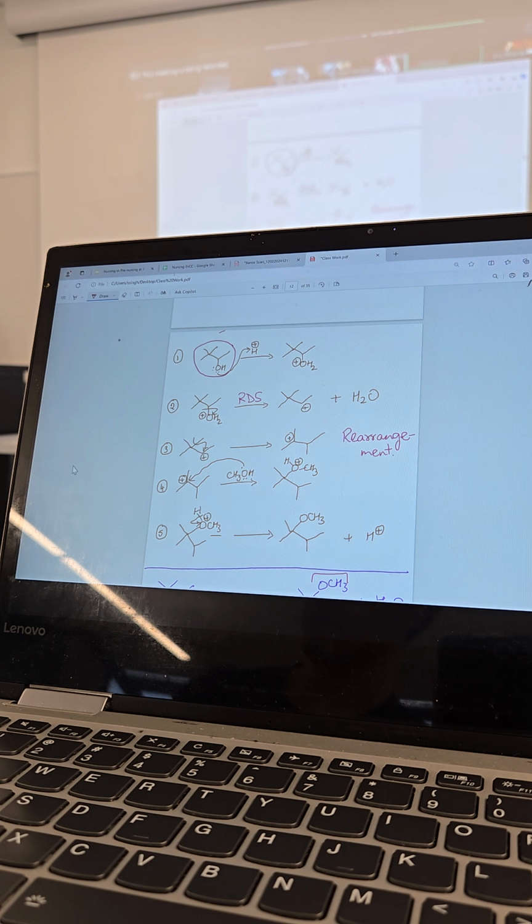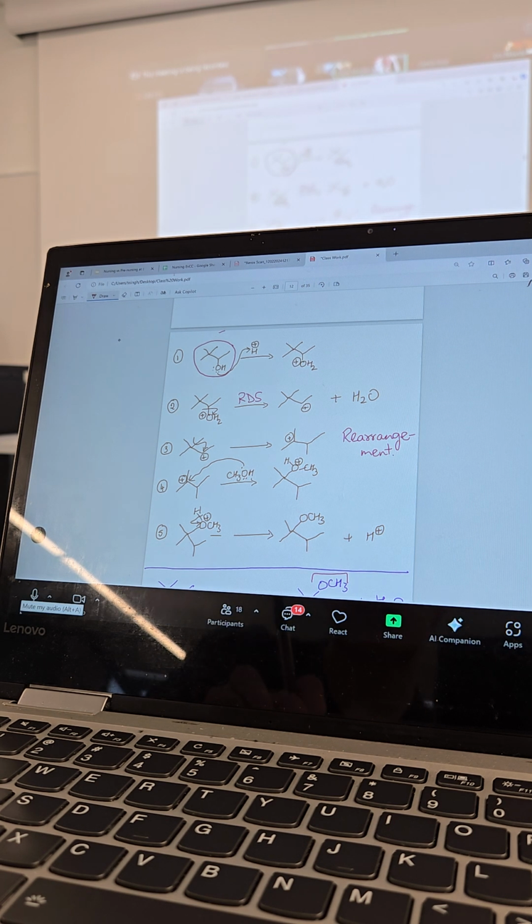Not really. Nucleophile? Is it a base or nucleophile? Just use one term. It can't be both, but it can be either. Which one? Is it going towards a proton or is it going towards an electrophile? It's going for a proton. Then we call it a base. It's a base.